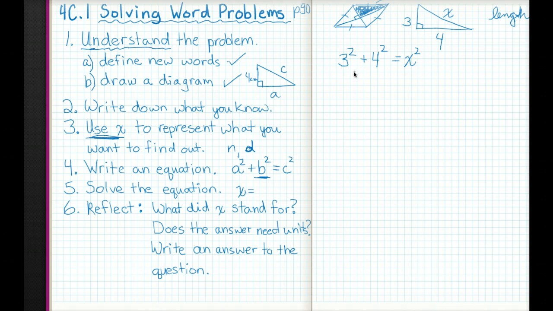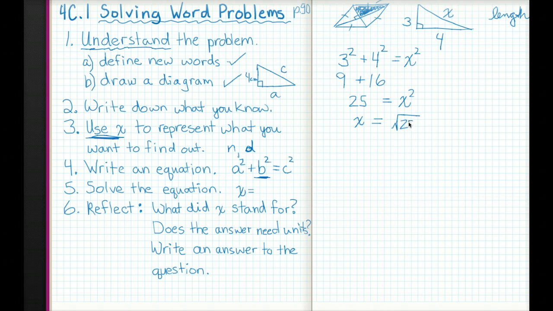Now I'm going to solve the equation. So if I'm looking for x, we'll simplify this side first. I have 9 plus 16, and 9 plus 16 is 25. So I have 25 equal to x squared. That means x is equal to the square root of 25, and I have to be careful when I'm square rooting things.